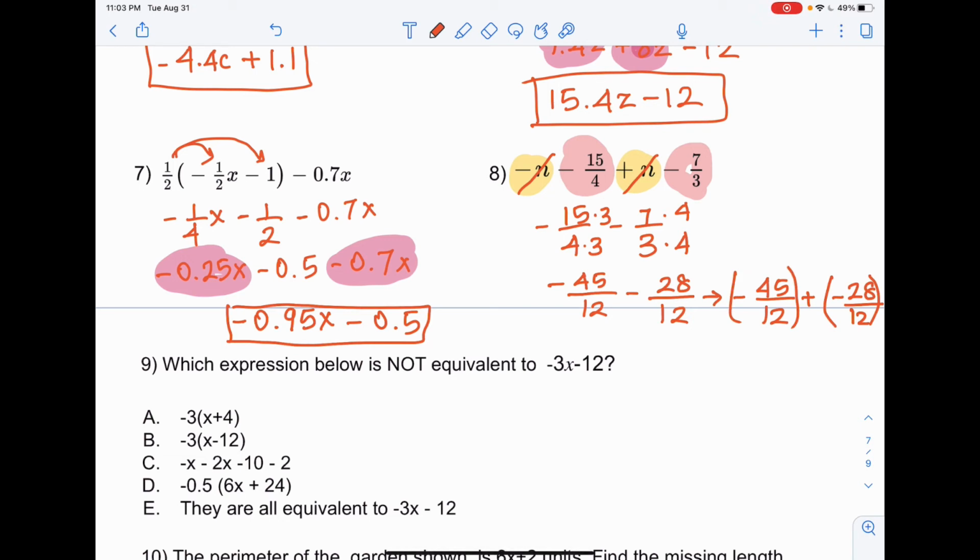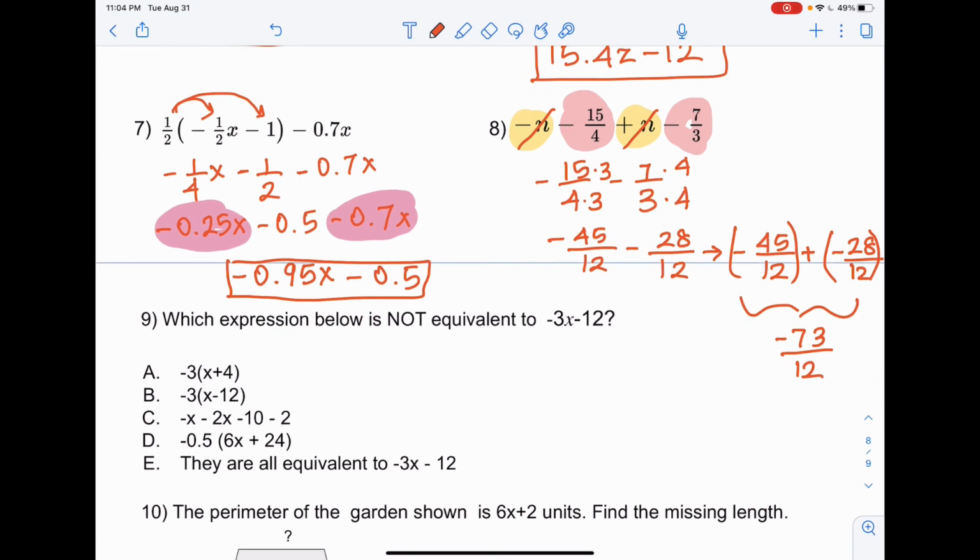So let's add them. Negative 45 plus negative 28 will be negative 73 over 12. If you can simplify your fraction, simplify it. If you can't, this is going to be your final answer. Only I would like to put the negative sign in front of the fraction line. Here we go. That is the final answer.